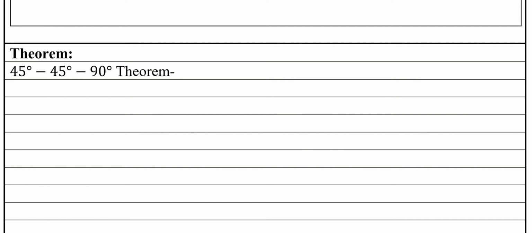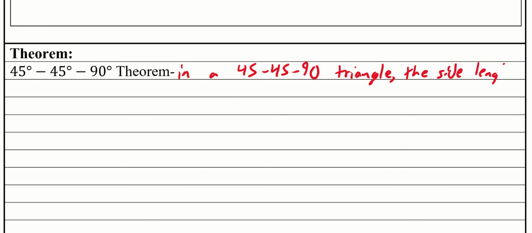It says, in a 45-45-90 triangle, this is the first special right triangle that we have, the side lengths will always be A, A, and A times the square root of 2.